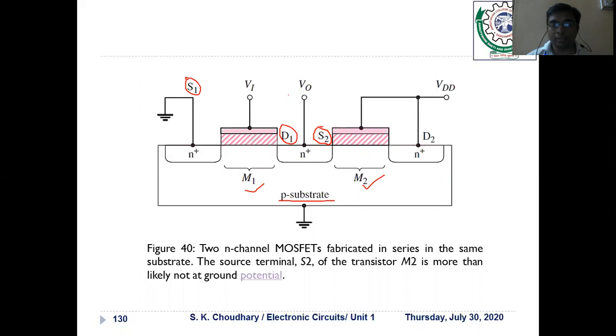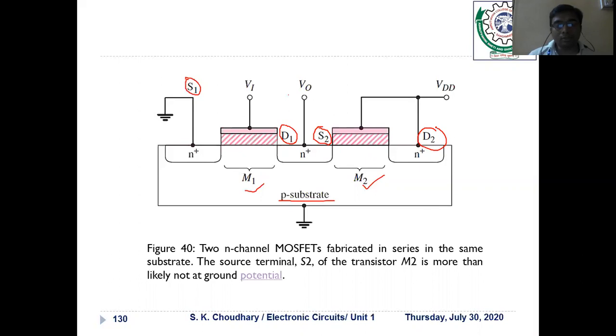It means the drain of M1 and the source of M2 use the same n-plus doped region, so both share the same terminal here, and the drain terminal of M2 is here.